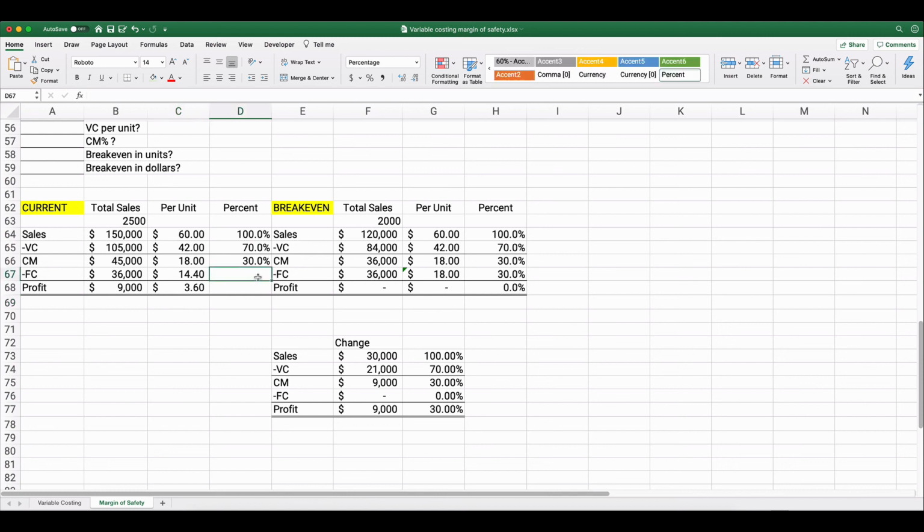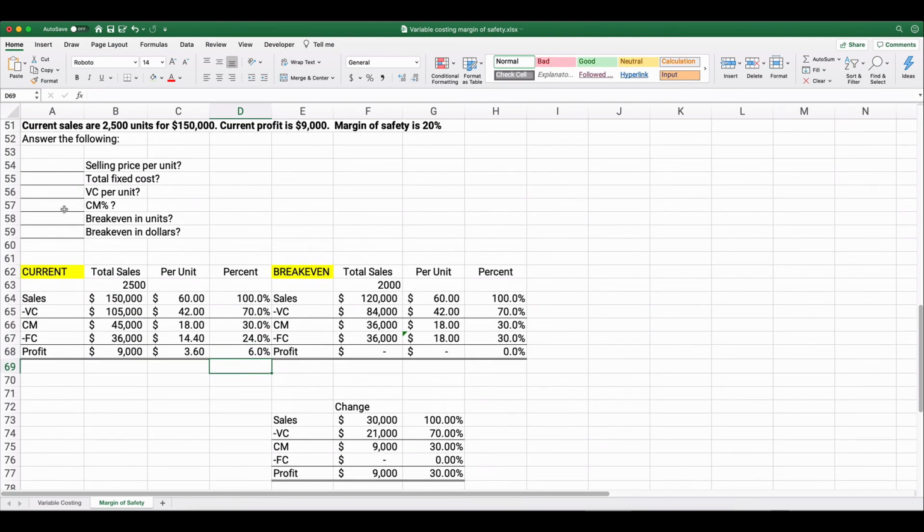We have a couple little percentages to go. 36,000 divided by the 150,000, and the 3.60 divided by the 60. You can do it either column. You can do this column, 9 divided by 150, or 3.60 divided by 60. You get the same percentage. Let me prove it. So 9 divided by the 150 is going to be 6%.